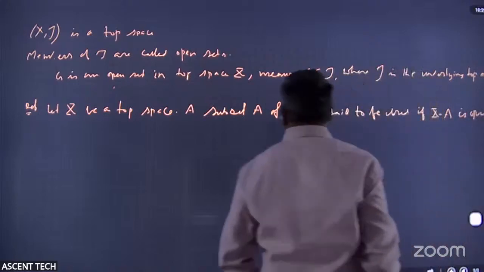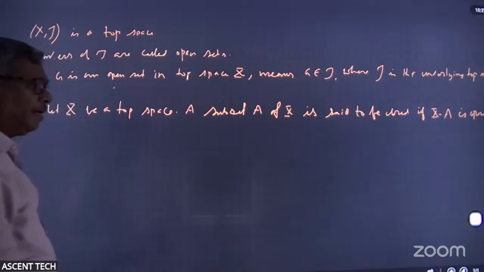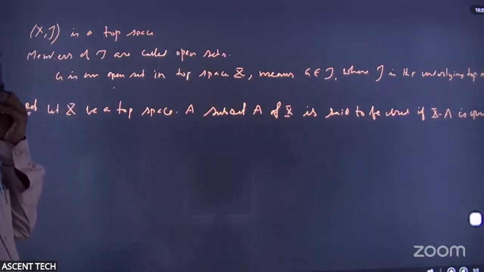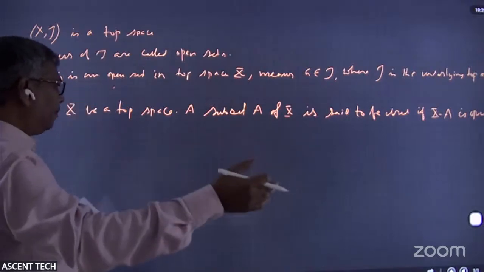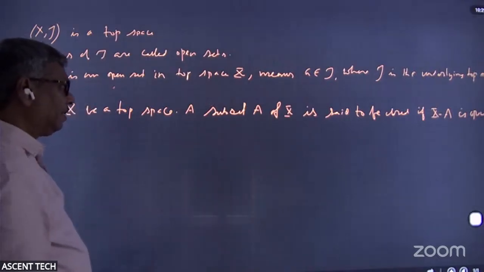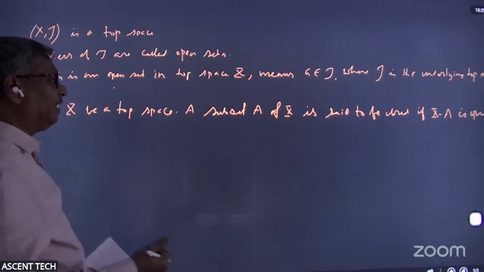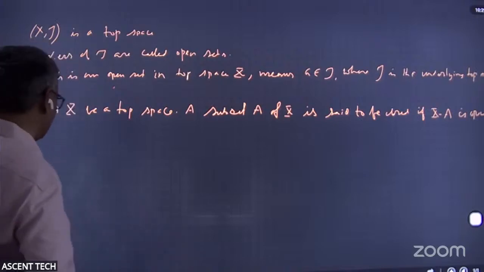Okay. So one actually easily notices that if you take a bunch of closed sets, their finite union is a closed set and arbitrary intersection is a closed set.